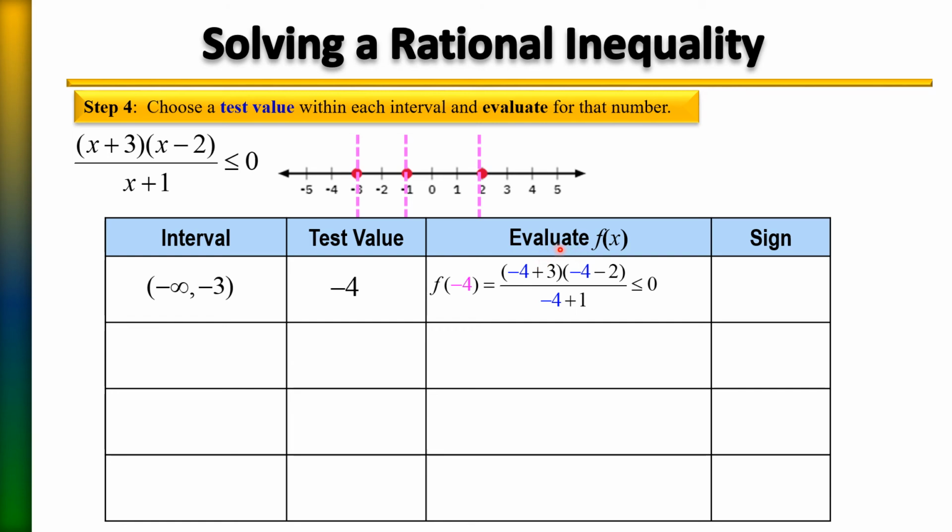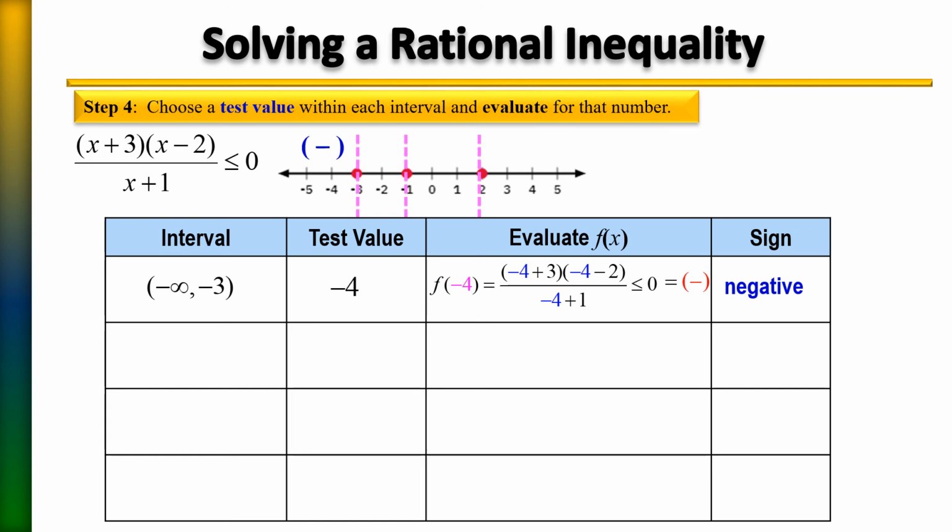A negative times a negative is a positive. So I'm going to have a positive number on top. Let's go to the bottom. I'm going to have a negative number on the bottom. A positive divided by a negative equals a negative. So the first region is negative.